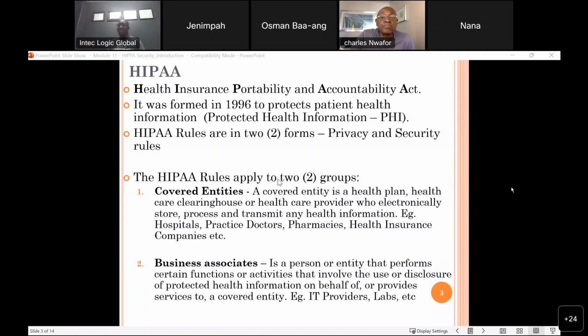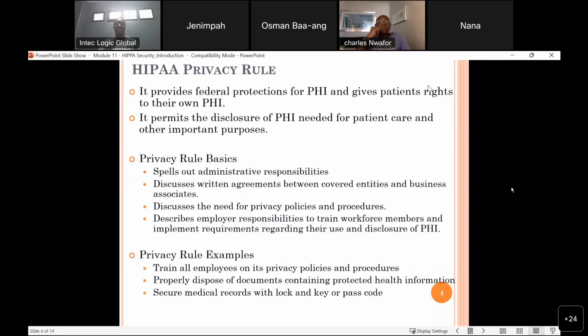Healthcare organizations use so many IT software and hardware, right? Those also have access to PHI. So HIPAA law covers them too. Those business associates need to comply with the HIPAA law. So remember, two groups.